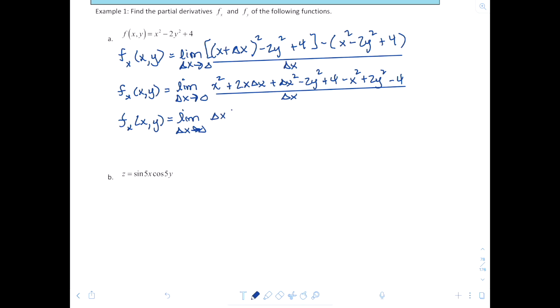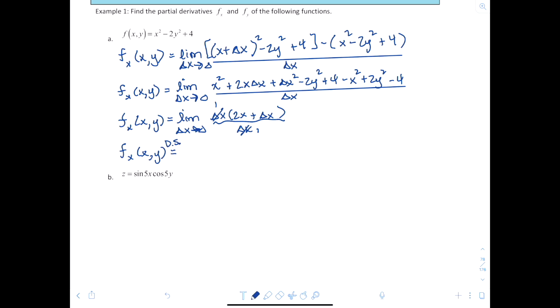So if we factor out a delta x, we'll be left with 2x plus delta x all over delta x. The delta x's divide out to be 1. And so now, using your direct substitution, what would happen?